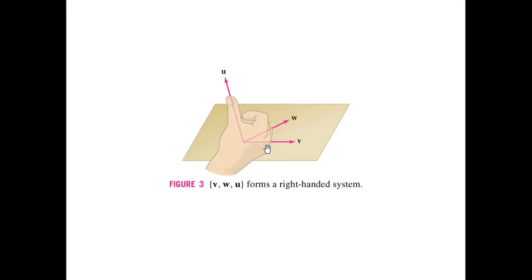V and W. As long as they're not along the same line, as long as there are any two vectors that intersect at one and only one point, V and W, when you do the cross product, the resultant U is going to be perpendicular to V and perpendicular to W. Perpendicular to both of those. Now, these two don't have to be perpendicular to each other, not by any means, but this one will be perpendicular to each of those. You've got 3 dimensions you can play with, make that happen.